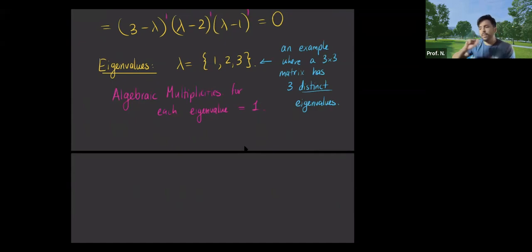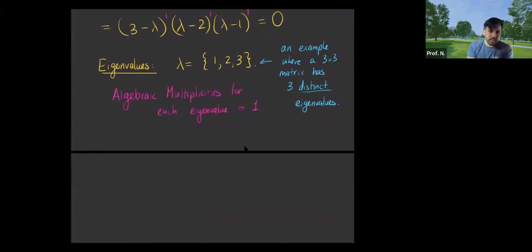But diagonalizability is not, how should I say this? This is a scenario where it's a sufficient condition. If you have distinct eigenvalues, then you have diagonalizability. But it's not a necessary condition.